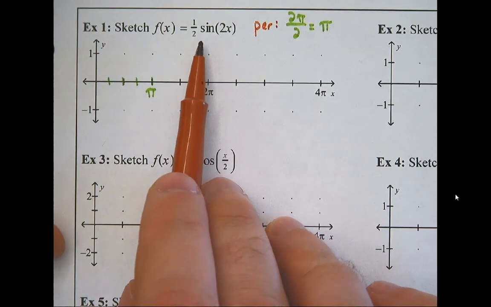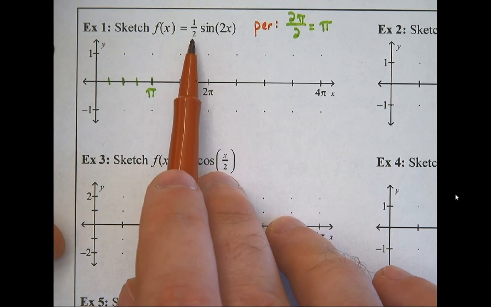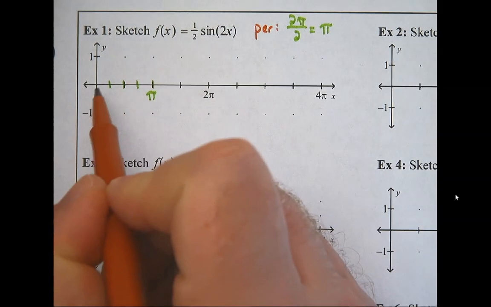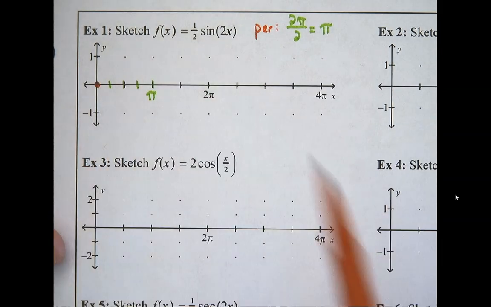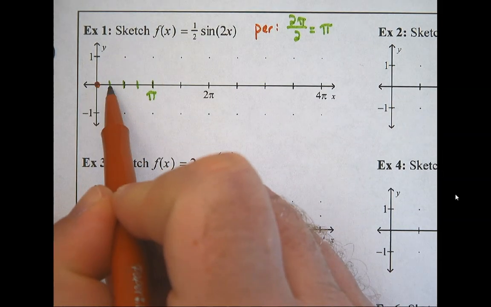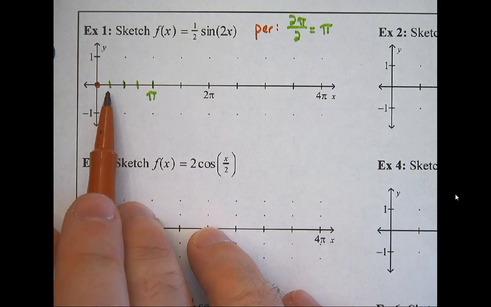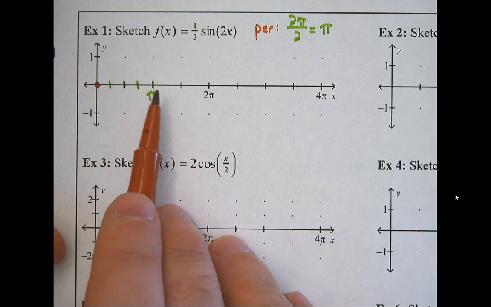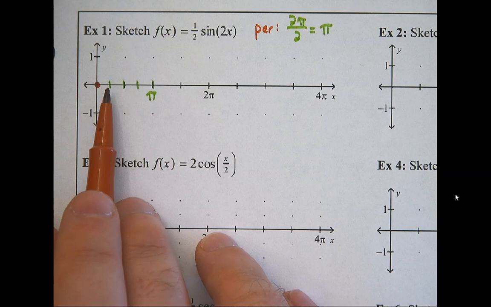Okay, so now I'm going to sketch sine, but I've got a multiplier of 1/2. So sine at 0 is 0, times 1/2 is still 0. But then it gets interesting. This is not 90, I know it's not. It's really pi over 4, because this is pi over 2, so this would be pi over 4.